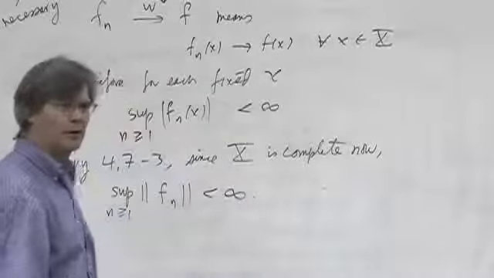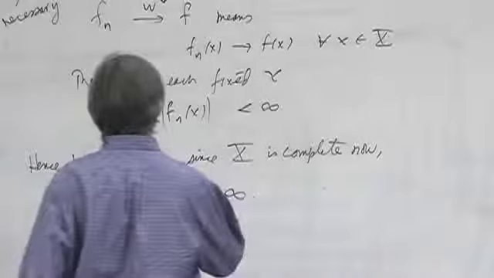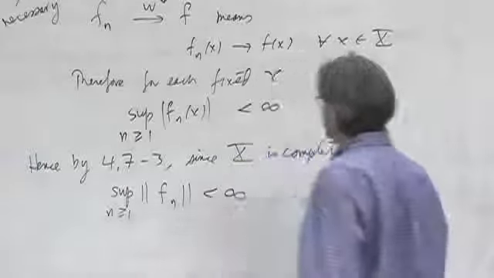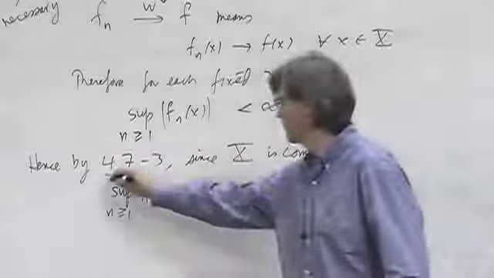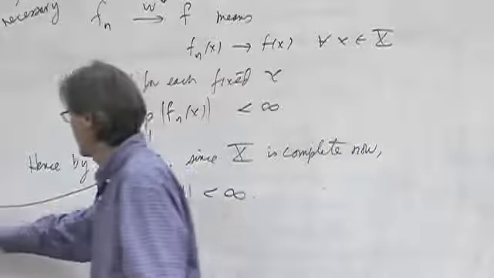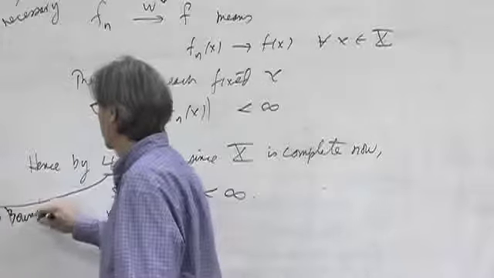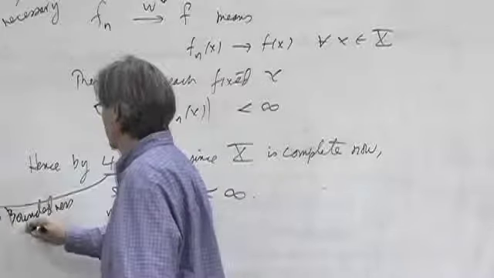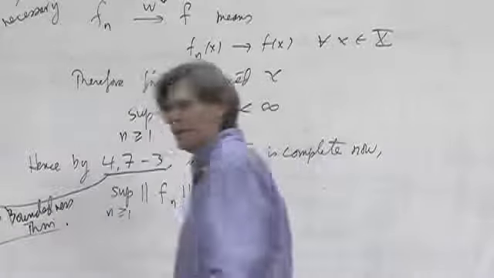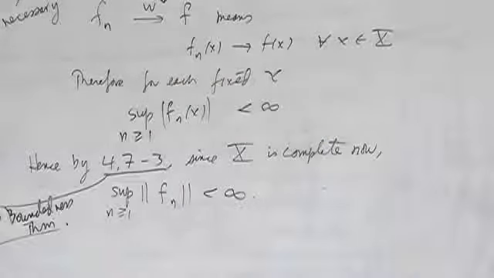Uniform boundedness theorem. And therefore this A holds. There's a bounded sequence of reals. In other words, the supremum of the norms is finite.